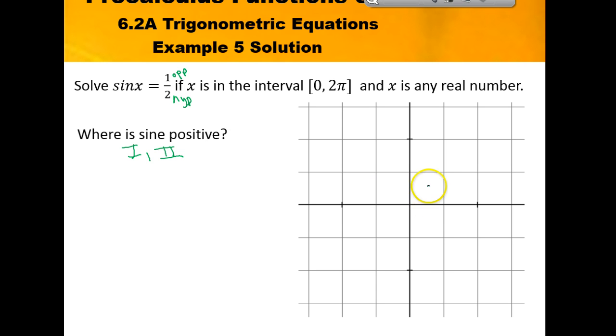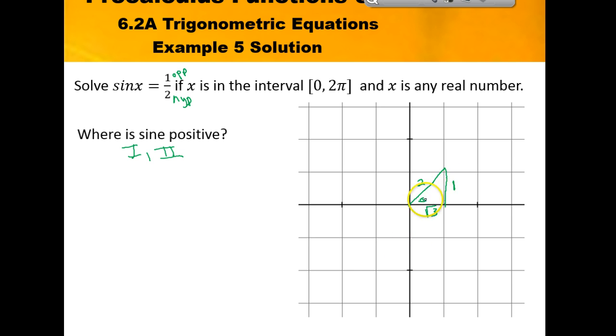Okay, so I'm going to just go ahead and draw this point 1 over 2. Or, I'm sorry, I'm going to draw a triangle in the first quadrant. And I'm going to say that this is 1 because the opposite side is 1, and the hypotenuse is 2, so this has to be root 3. Now this angle right in here is theta. Our job is to figure out what theta is.